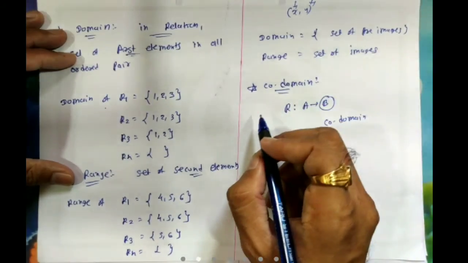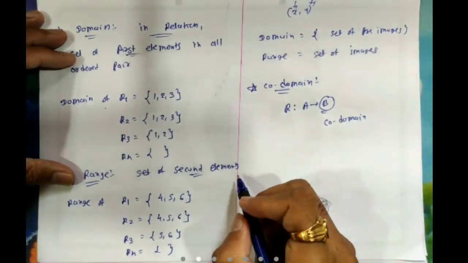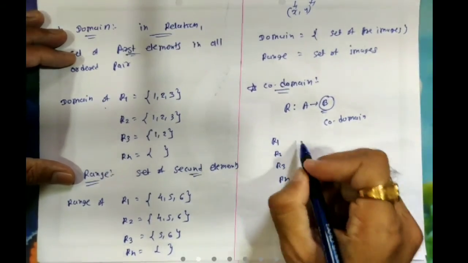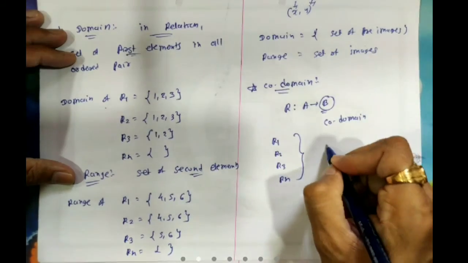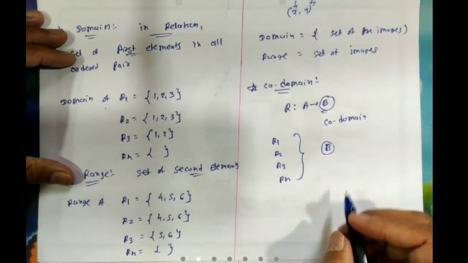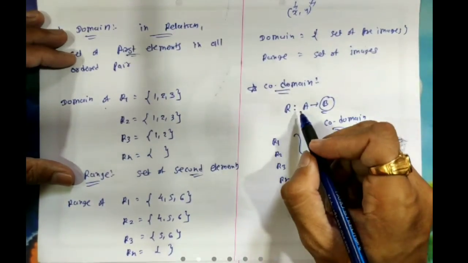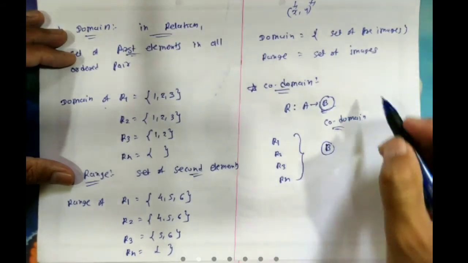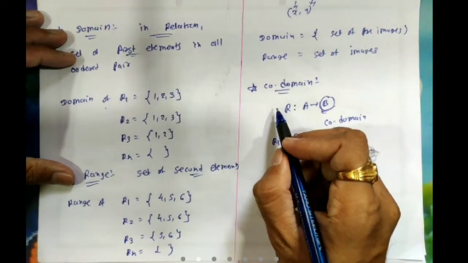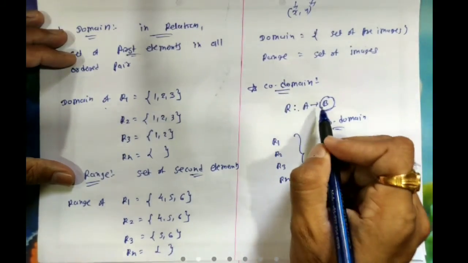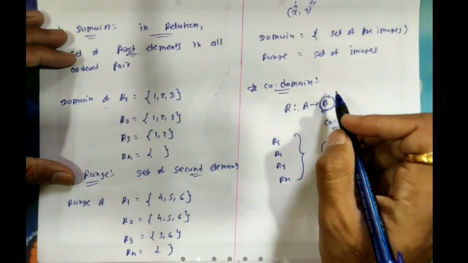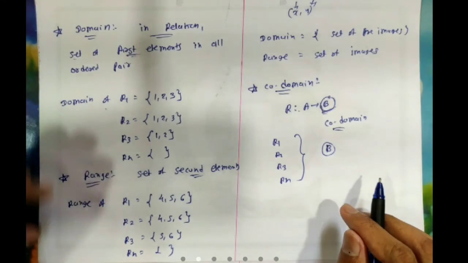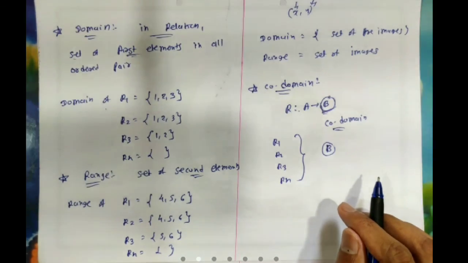In all our relations R1, R2, R3 and R4, our second set is B. So for all these four relations, our codomain is set B. The second set, on which our relations are defined, is our codomain. So that set B is known as the codomain. Clear? So this is your range, domain, codomain.